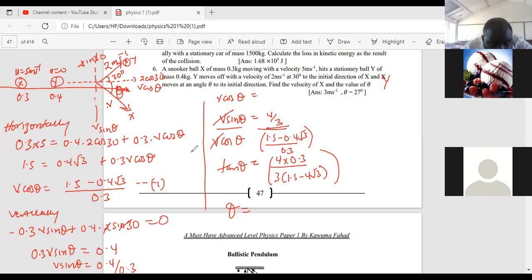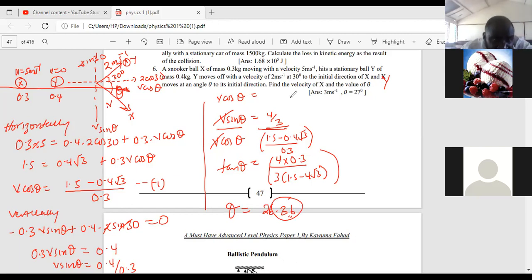Another person? 26.36 degrees. 26.36. This should be rounding off to 27, but it can't.